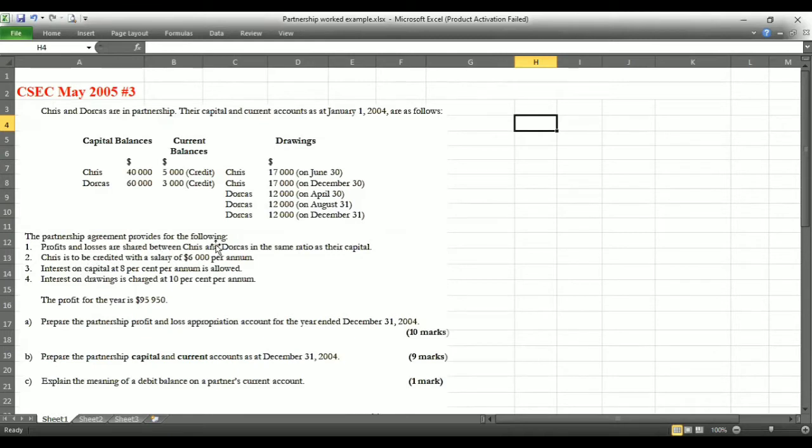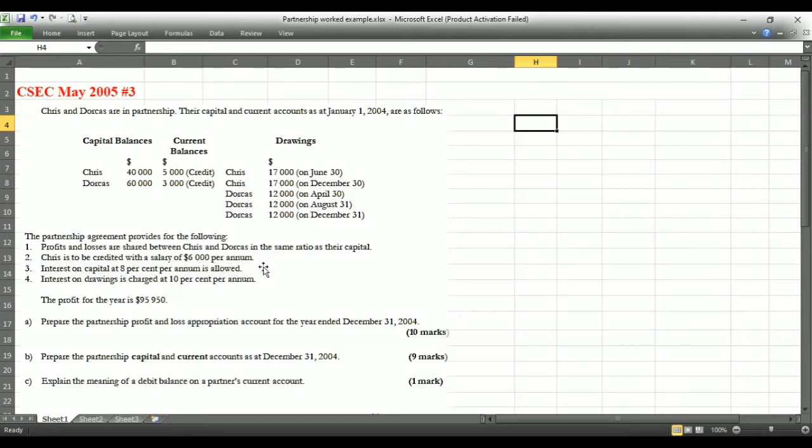The partnership agreement provides for the following, and when you're doing a partnership question, you need to look out for all of this information. It is very important in preparing your response. Profits and losses are shared between Chris and Dorcas in the same ratio as their capital. Chris is to be credited with a salary of $6,000 per annum.